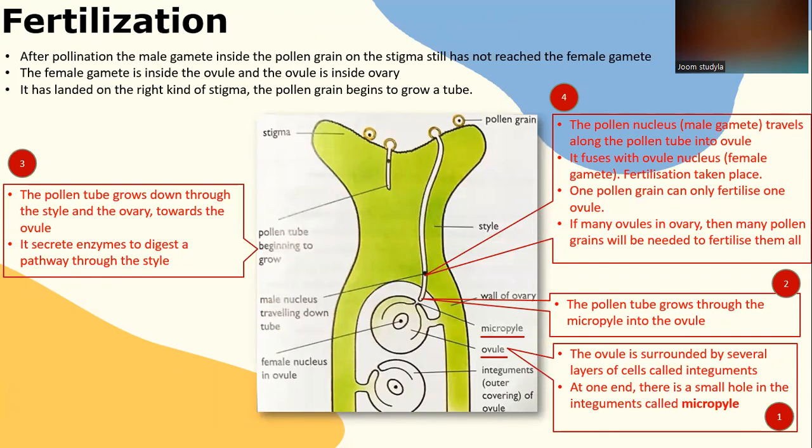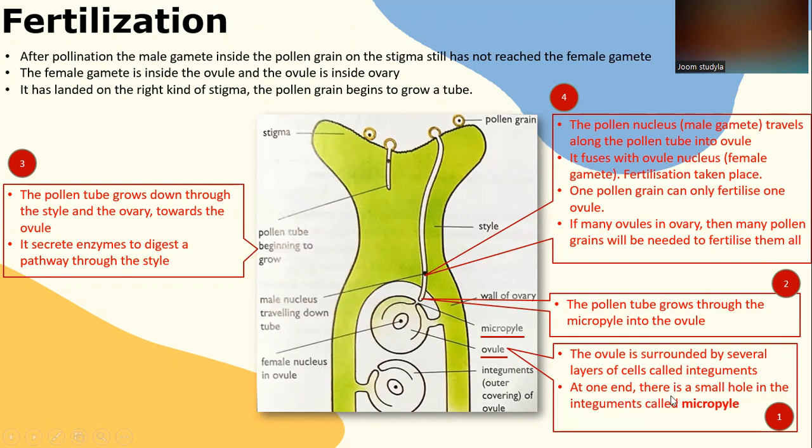Fertilization. After pollination, the male gamete inside the pollen grain on the stigma still has not reached the female gamete. The female gamete is inside the ovule and the ovule is inside the ovary. It has landed on the right kind of stigma and then the pollen grain begins to grow a tube. If you can see, the ovule is surrounded by several layers of cells called integuments.